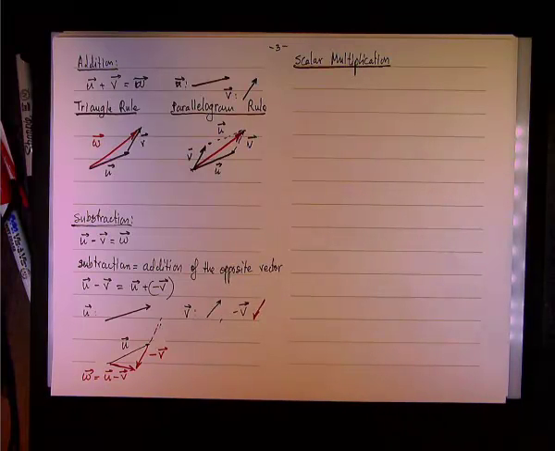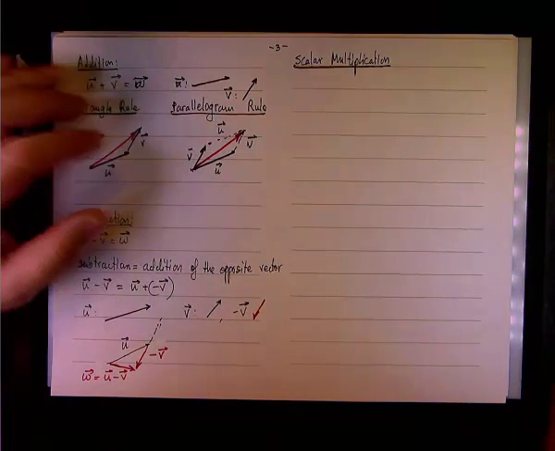We take a vector and we scale it. For instance, if we start with an initial vector that has a magnitude of 3 units, and we multiply it by a constant, let's say c, and c equals 5, then the new scaled vector will have magnitude 5 times 3, 15.